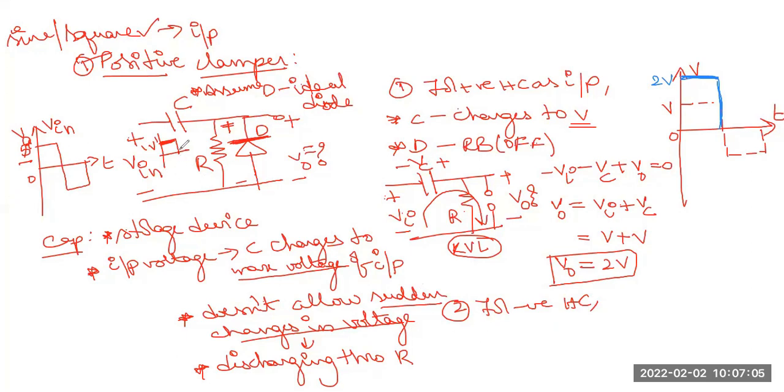The circuit now is receiving a negative voltage, with a maximum voltage of minus V. So whether it is the maximum voltage of minus V or any value less than 0, the capacitor which was charged to the maximum voltage V is now experiencing a sudden change in voltage. Now we said that a capacitor doesn't allow a sudden change in voltage. So when it is experiencing a sudden change, what happens? Discharging of the capacitor takes place.